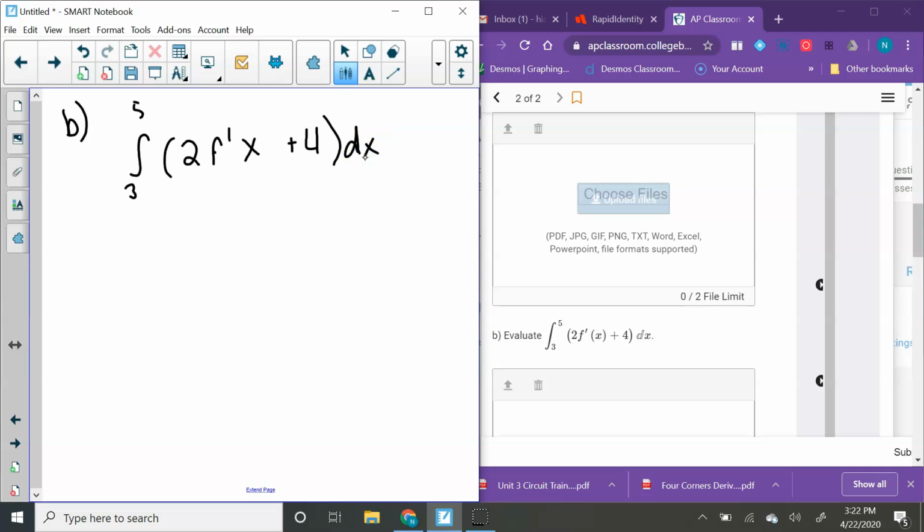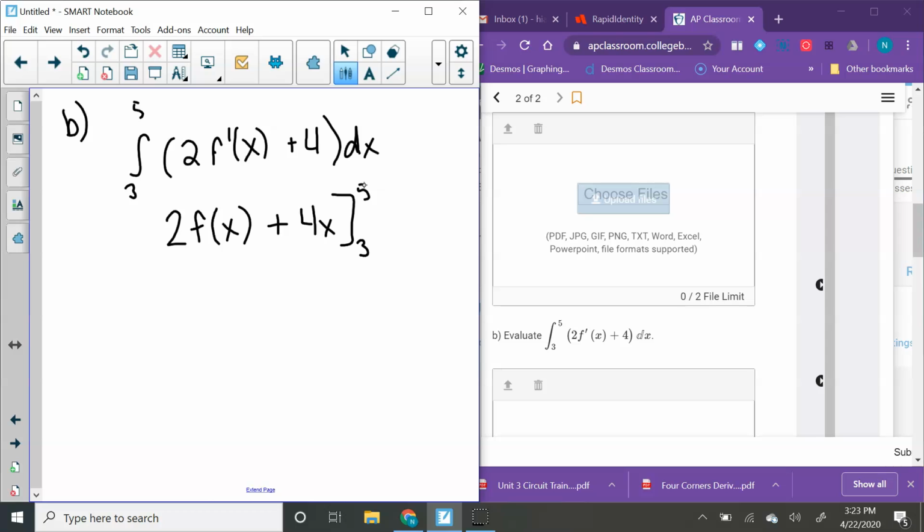So if we integrate 2f prime of x plus 4, 2 is just a coefficient here. The integral of f prime of x is f of x. So we're going to get 2f of x here. And then when we integrate 4, we're going to get 4x. And that's going to be from 3 to 5.